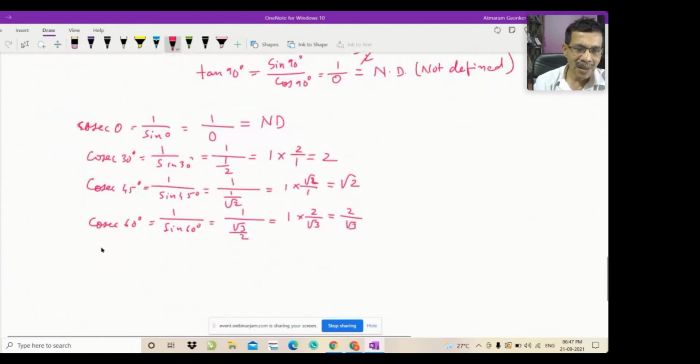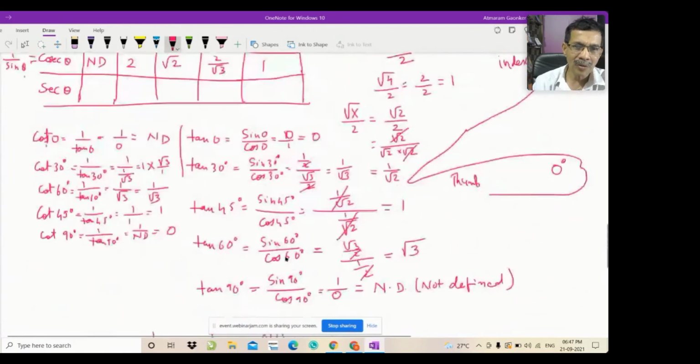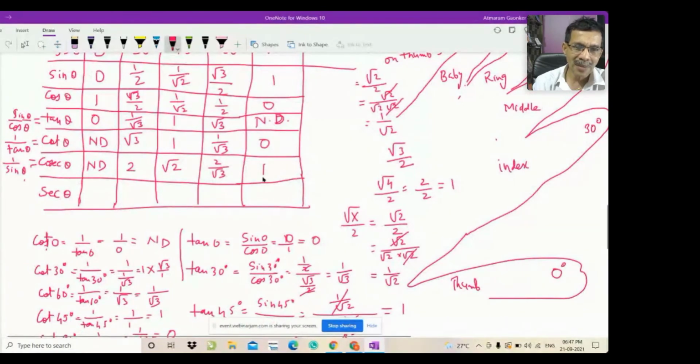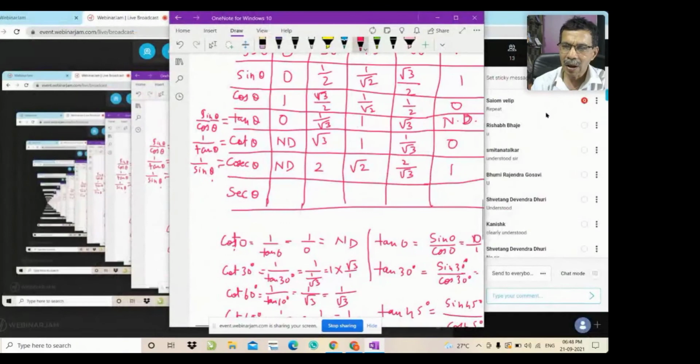And the last one is cosec of 90 degrees, which is 1 upon sine of 90 degrees, and sine of 90 degrees is 1, and 1 upon 1 is 1. So here I have put the answer 1. If it is clear now, please type clear, especially Svetang.